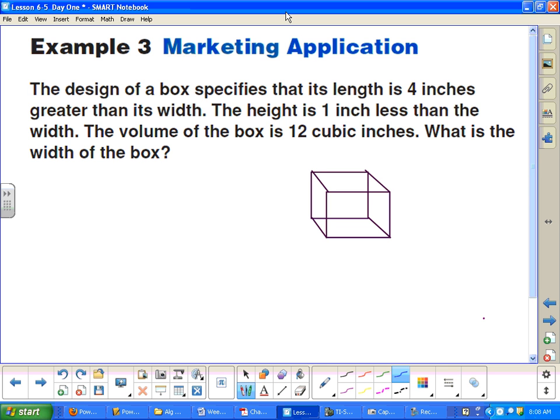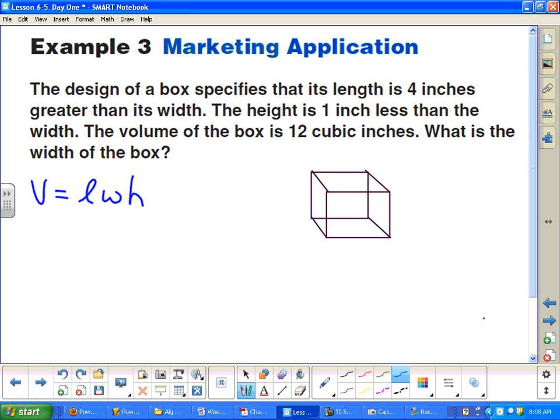So first of all, we're dealing with volume. What does volume equal if we're talking about a box? Okay. Length times width times height. Now this one specifically says that the length is 4 inches greater than the width.